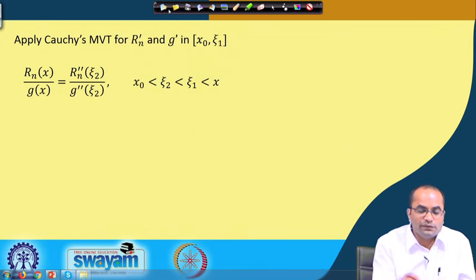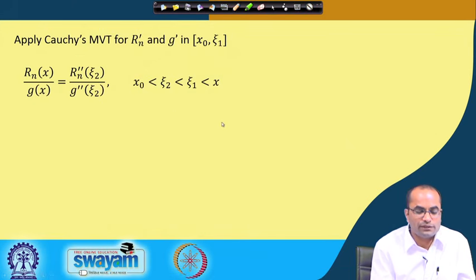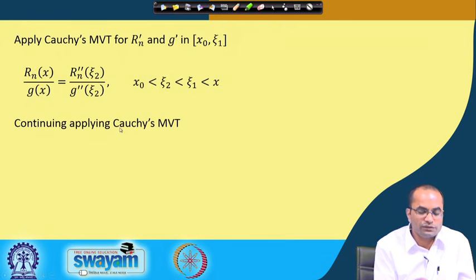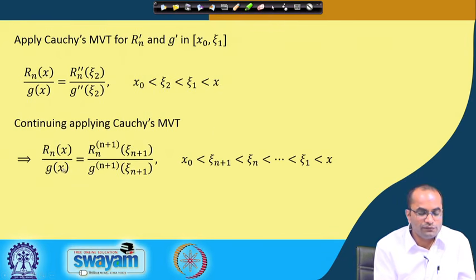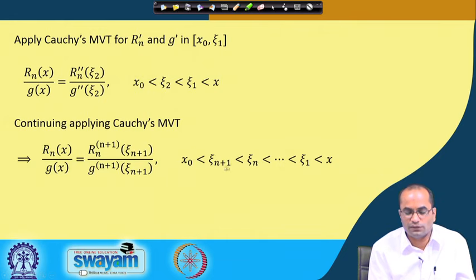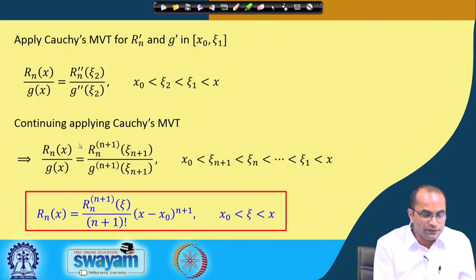And now we can continue this process further for the next derivative. Applying this Cauchy mean value theorem further, we can go up to the (n+1)th derivative, because up to the nth derivative R_n and g both are 0. So we end up with this term, and here xi_(n+1) lies between x_0 and xi_n, and there was continuity up to x there. So what do we get out of this?